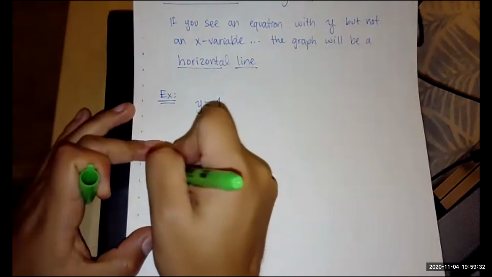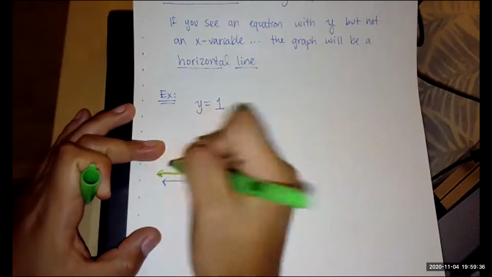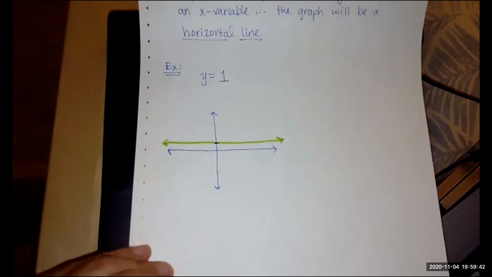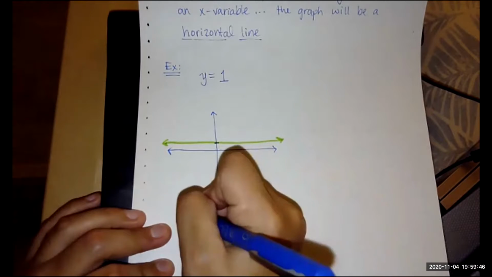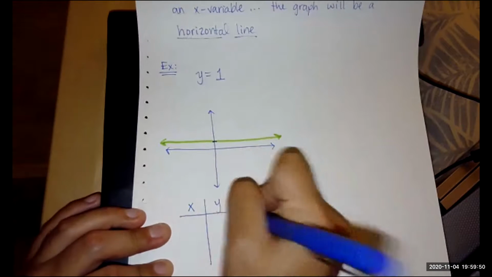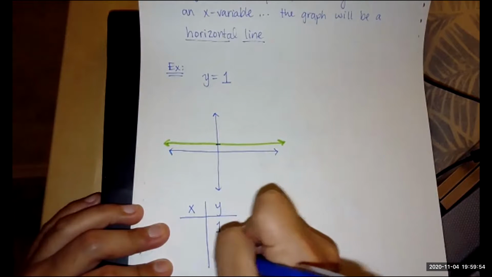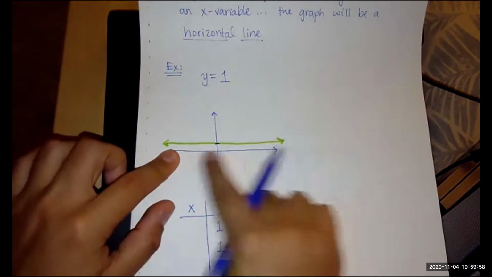So I'm going to draw a perfectly flat line right here. And so if we think about all the points that fall on this line, x comma y, this equation is telling me that y is always going to be 1. But the x variable can change.